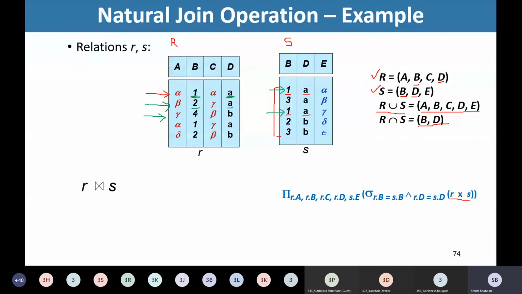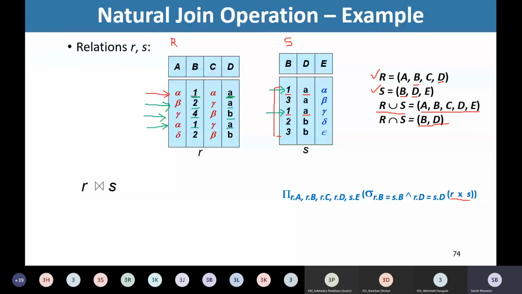Now for this gamma 4 beta B, what are the common attributes? B and D. And what are the values? 4B. So whether we are having any matching tuple 4B for BD? No. So we will not have any additional tuple. Now, for this tuple, what are the values?